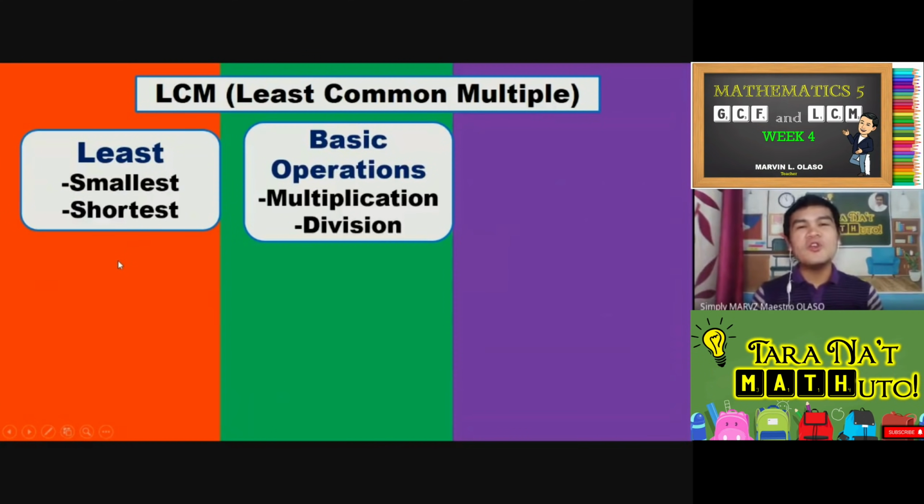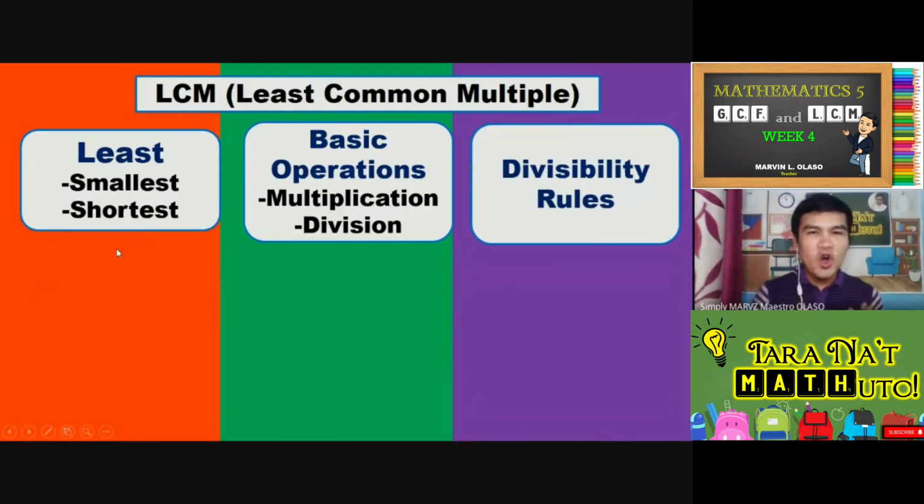And also, again, you have to review. You know and you mastered already the basic operations in multiplication and division. And of course, do not forget all the divisibility rules. And this time, we are talking about multiple, no? Magkaiba si factor, opposite na opposite si multiple.